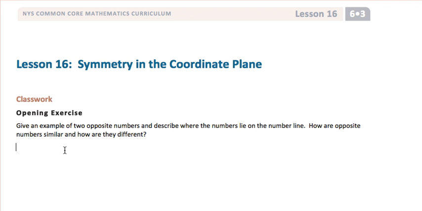So two opposite numbers, let's just say 2 and -2 are opposite. And 2 is 2 units to the right of 0, while -2 is 2 units to the left of 0.